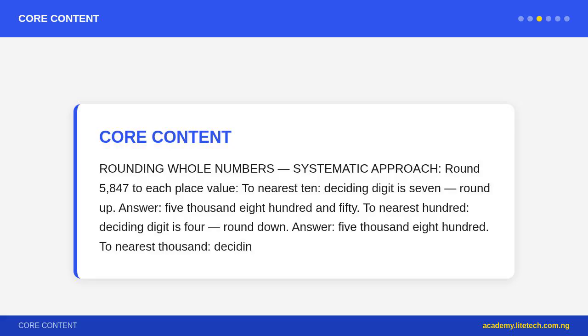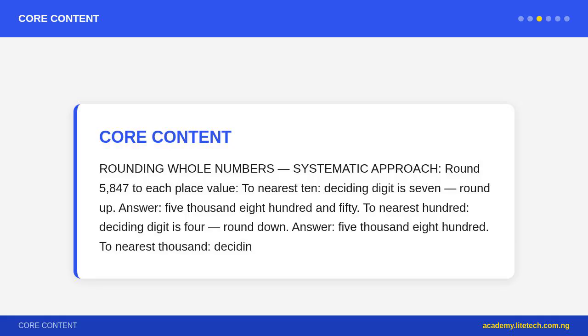Rounding measurements. A road in Enugu is measured as 14.3 kilometers. To the nearest kilometer, deciding digit is 3, round down. Answer: 14 kilometers. To the nearest half kilometer, 14.3 is between 14 and 14.5, is it closer to 14.5? No, it is less than 14.35, which would round to 14.5. 14.3 rounds to 14 kilometers exactly.